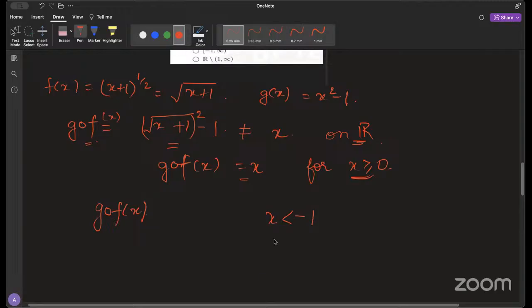So we'll take something less than -1. Where x is less than -1, your x plus 1 will be less than 0, and then the square root of x plus 1 is not defined.